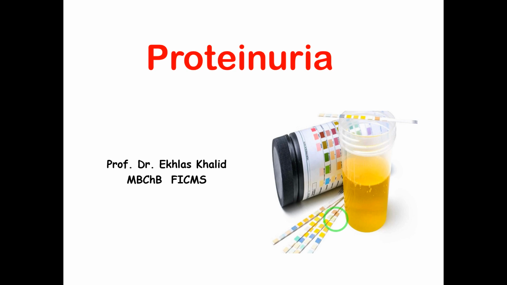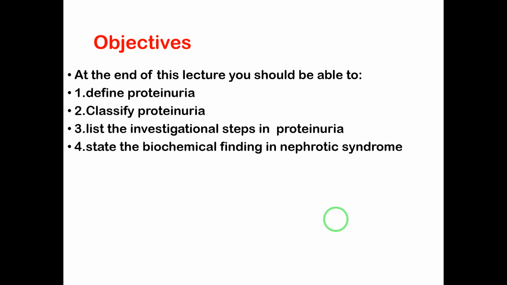So, in this lecture, we will define the term proteinuria, the amount of protein that appears in the urine to diagnose the patient as having proteinuria. Also, we will classify proteinuria into many types, and then we will consider the investigational steps that must be done in case of proteinuria to reach the correct diagnosis.